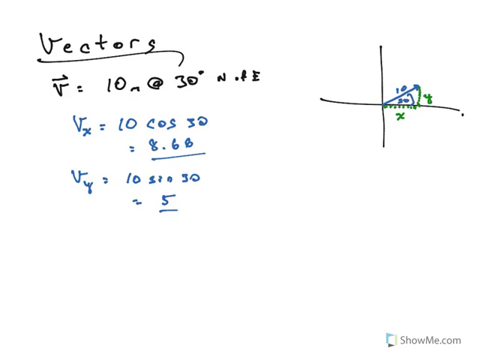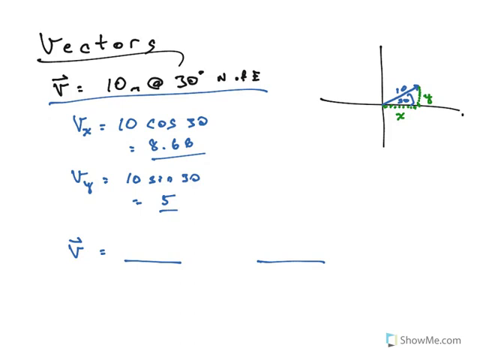And if I wanted to write down this vector, and I don't want to write it in this magnitude and direction form, the other way I could write the vector is by saying the vector v is some amount in the x direction and some amount in the y direction.